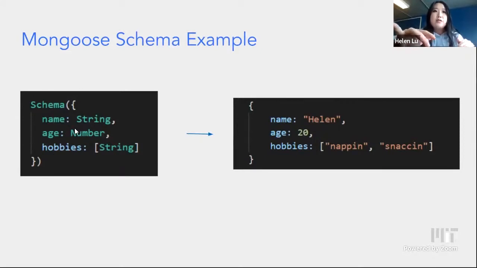For each of these fields, we define the data type that they must have. A name must be a string, a value for age must be a number, and a value for the hobbies field must be an array of strings. So this JavaScript object would match the schema.